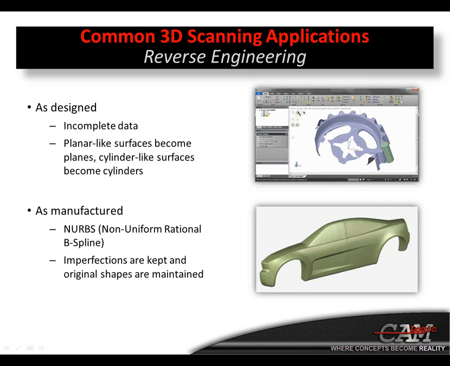These surfaces are basically created by using freeform curves that a surface is then swept through. And because of that, your imperfections that may be on the part are kept, and certainly the original shapes are maintained even if there is deviation from what would be considered a perfect part.